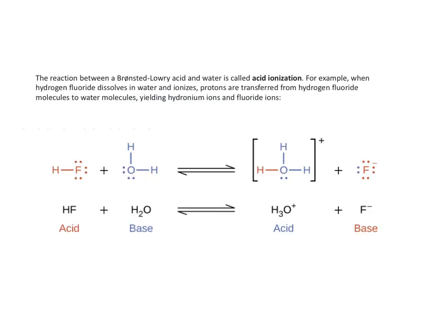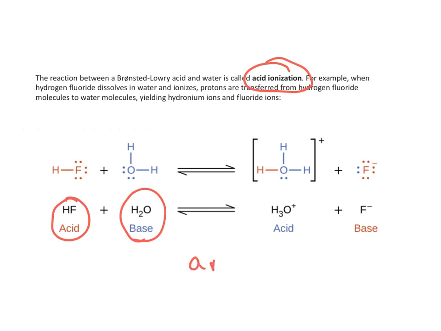We call this, in summary, when I look at this reaction between a Bronsted-Lowry acid and water, acid ionization. And so if I have this acid, hydrofluoric acid, this water is acting like a base.